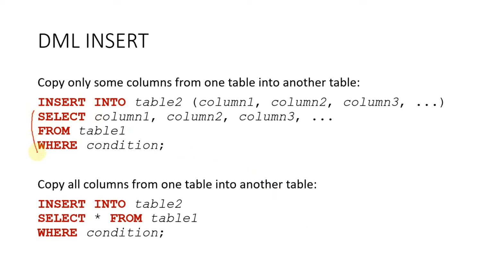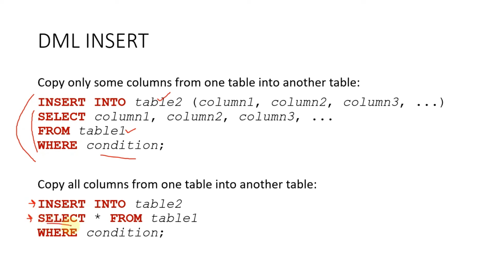So this select query will give us some data from table 1 having a condition. So this selected data can be inserted into table 2 by using this entire query having an insert into clause. So similarly, if there's a table and we need to copy the entire data or the entire attributes from that table into another table, for that purpose we must use an insert query, and inside insert we must type another select statement.